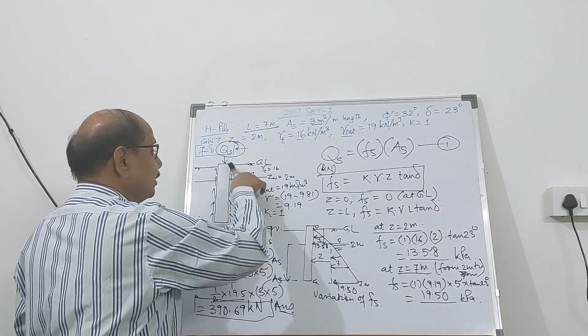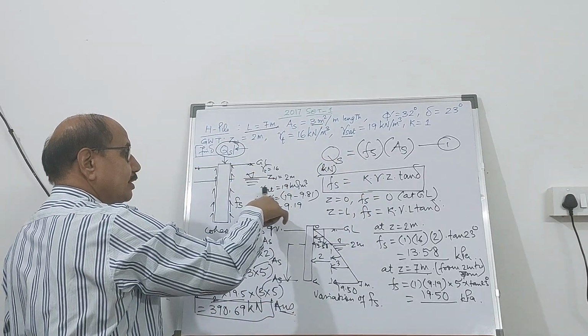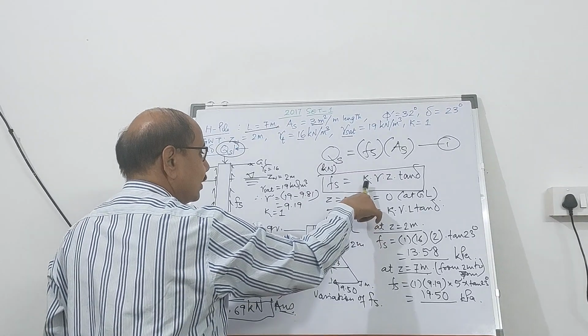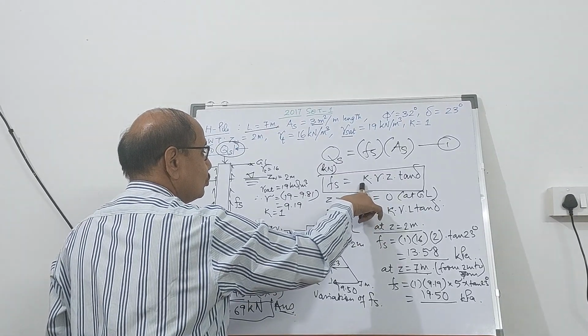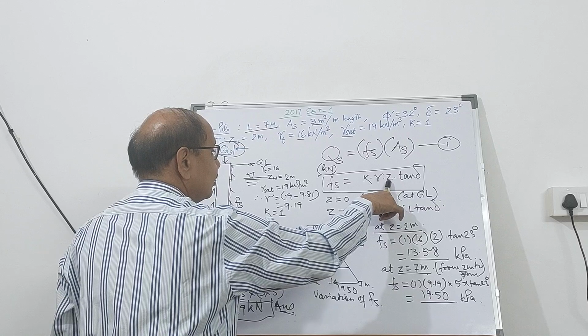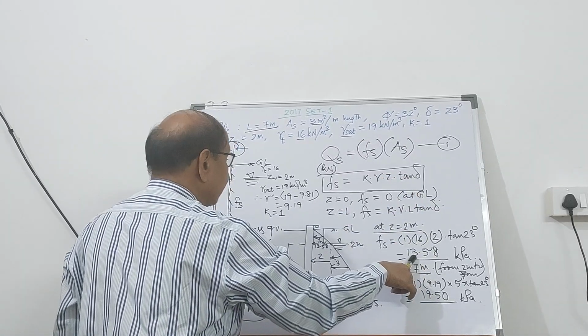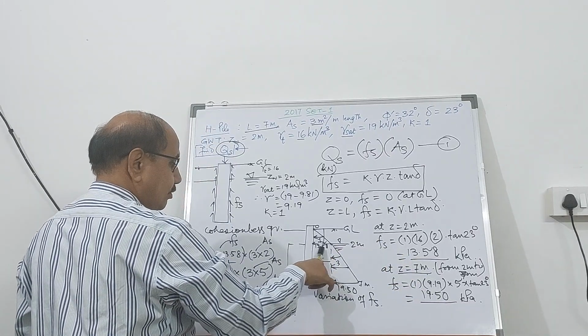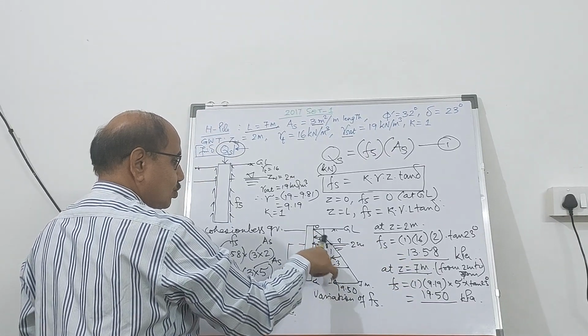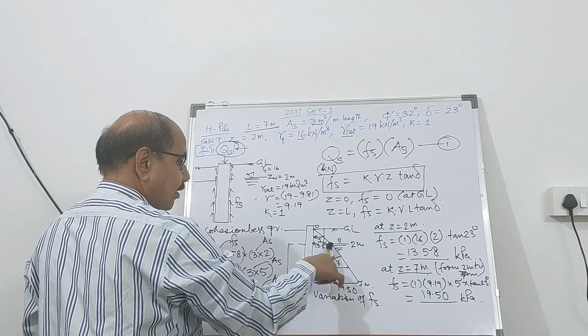For the first 2 meter, because it is in dry condition, you will have to take the dry density. K value remains 1, Z becomes 2 meter, and tan 23 degree. So you have calculated it as 13.58, which is shown over here. From 0, it becomes 13.58.